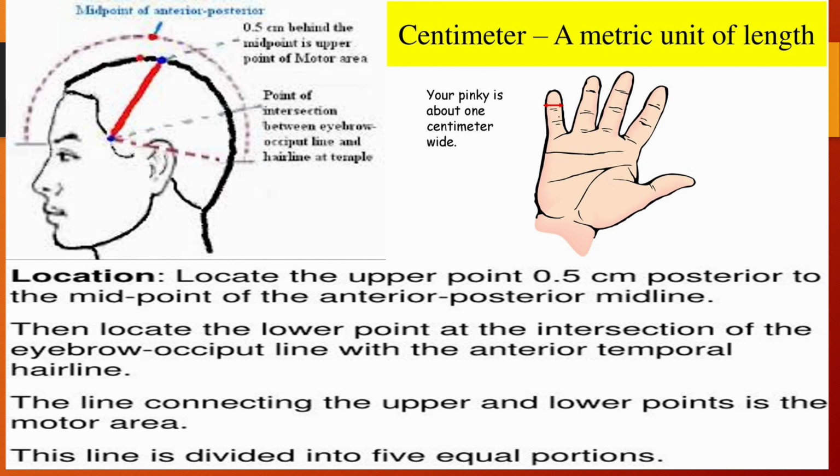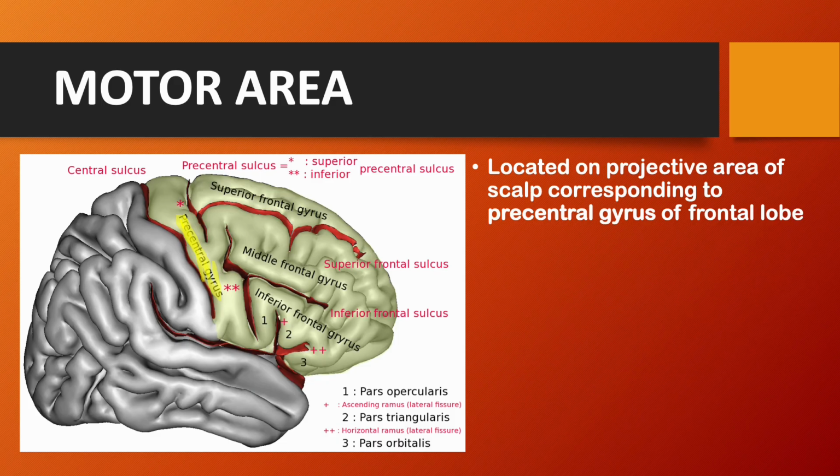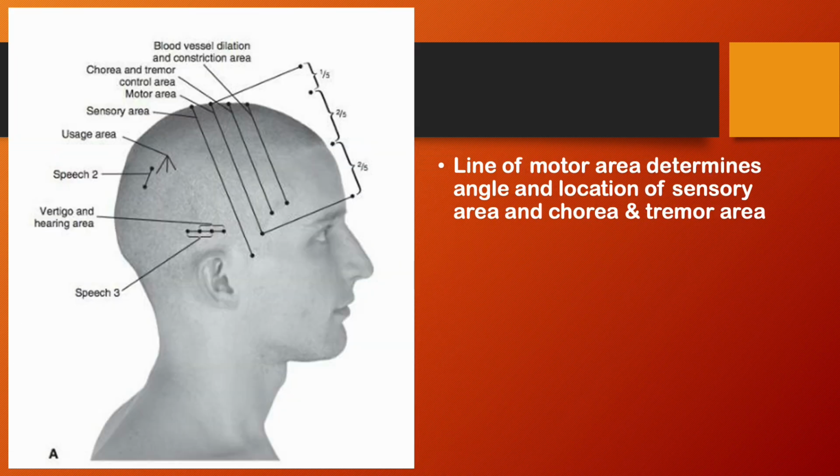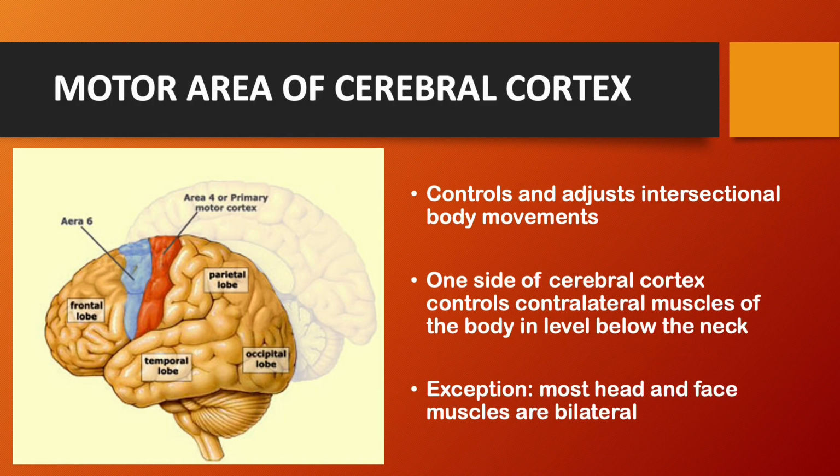This line is divided into 5 equal portions. The motor area is located on the projective area of the scalp, corresponding to the precentral gyrus of the frontal lobe. The line of the motor area determines the angle and location of the sensory area and the chorea and tremor area.